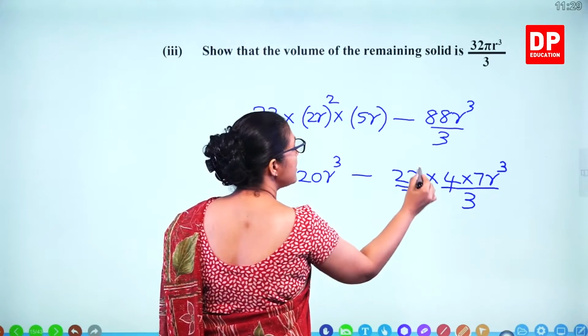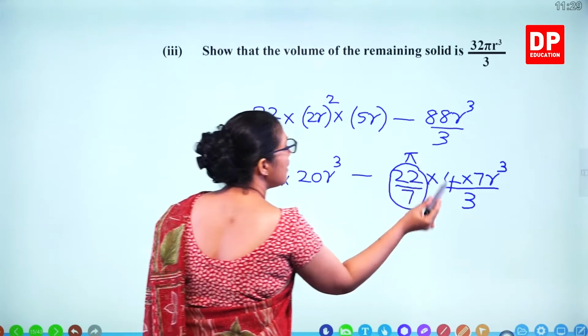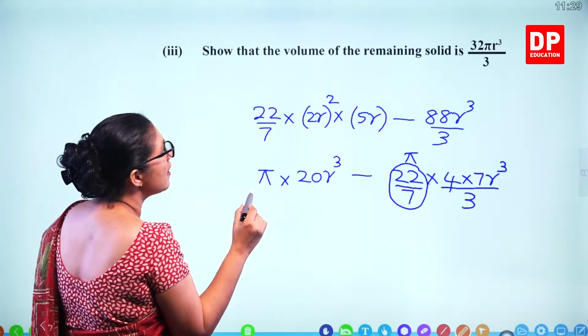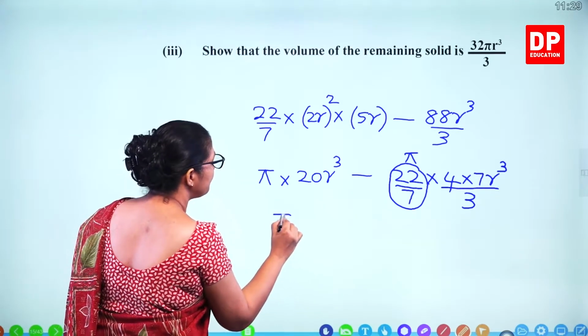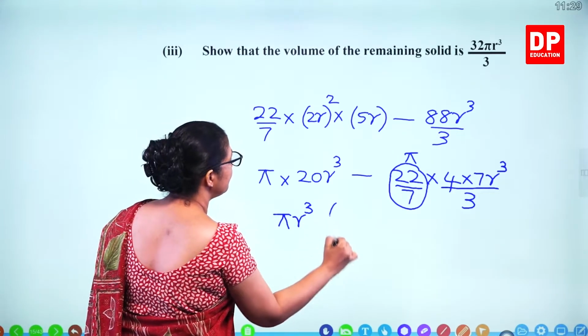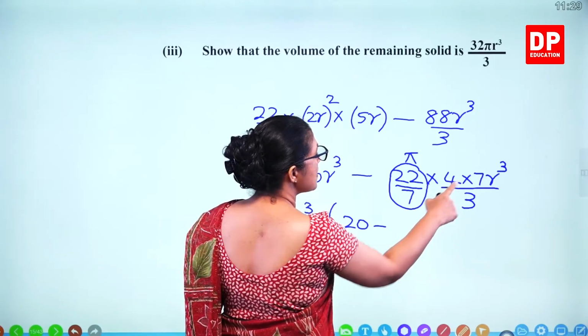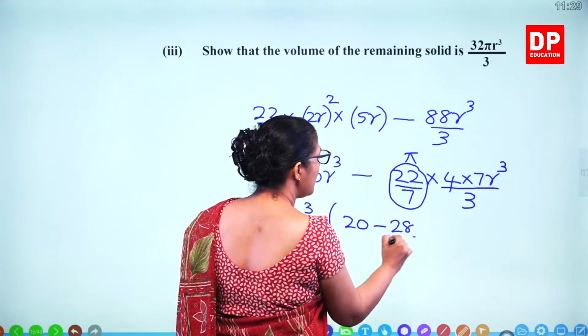So this one I can take pi r cube out. So what's remaining? 20 minus 7 times 4, 28 over 3.